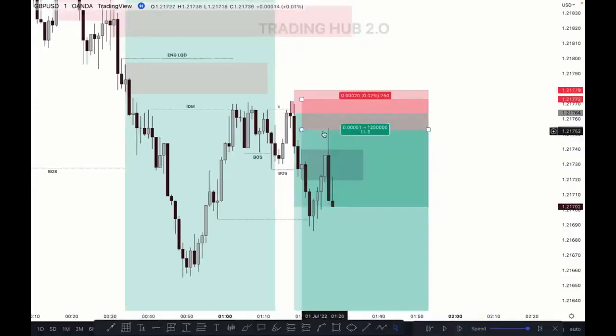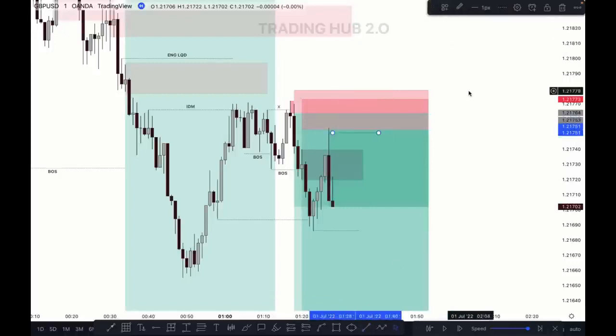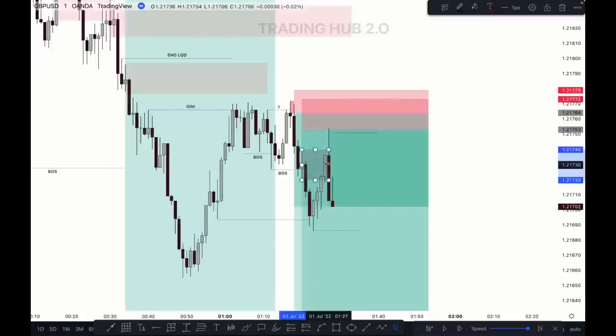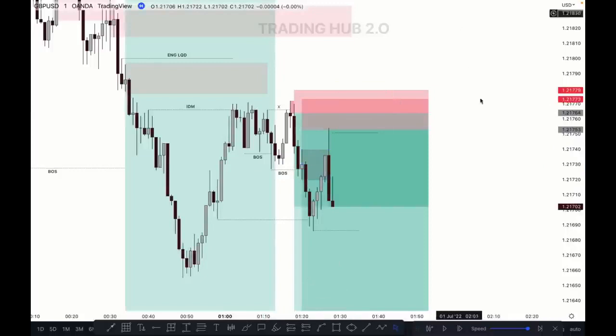You can see our second entry also mitigated. If the market takes out this low, then I would like to trail my stop loss to break even point here on both entries. Correct. If the market wants to go higher, then we can cut our entries at break even point. Okay, so let's see.